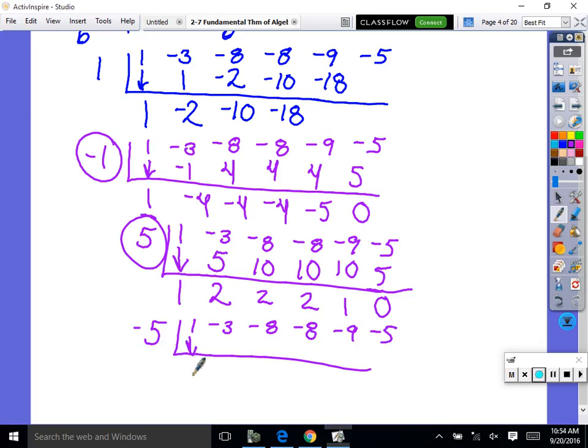Is it going to come out? Let's see. 1 times -5 is -5. We add straight down and get -8, correct? -8 times -5 is 40. We add straight down and get 32. 32 times -5, and this isn't going to come out, right? Okay.